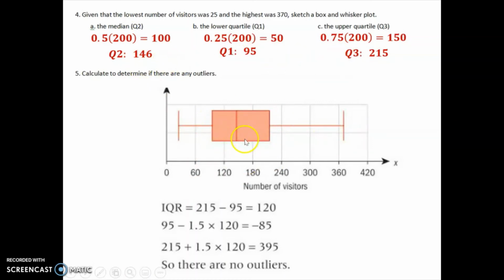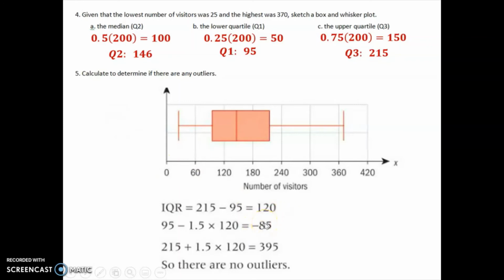Now IQR is Q3 minus Q1, 120. And then remember, you do 120 times 1.5. That gives you 180, I believe. So you do Q1 minus 180, and you end up at some big negative value, negative 85.